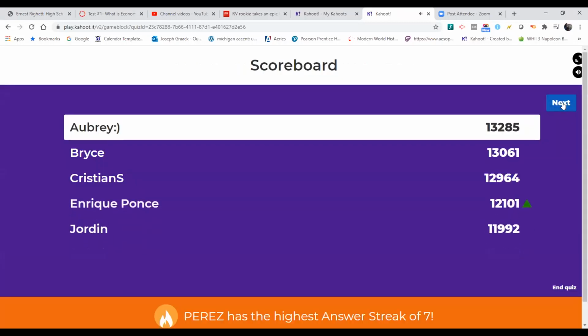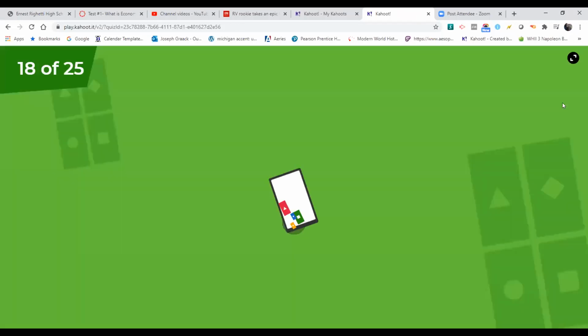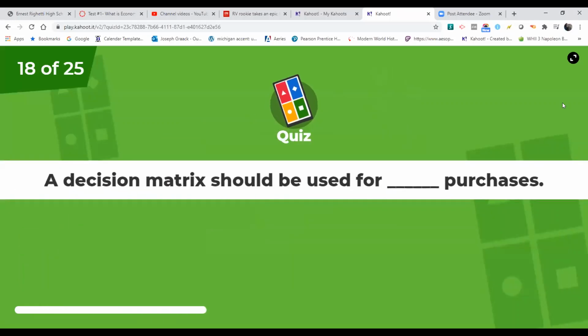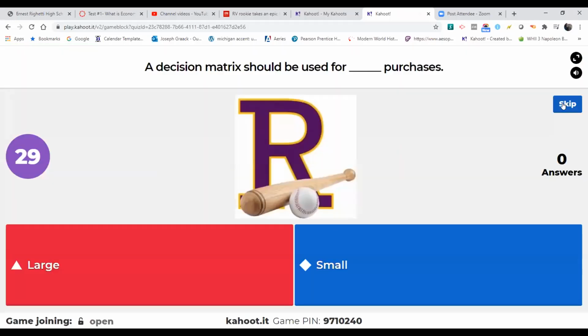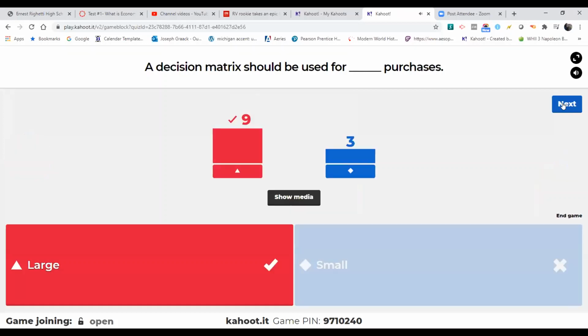The alternatives in that car one were the Camry, the Civic, the Altima, and the Focus. A decision matrix should be used for what type of purchases? Large purchases.